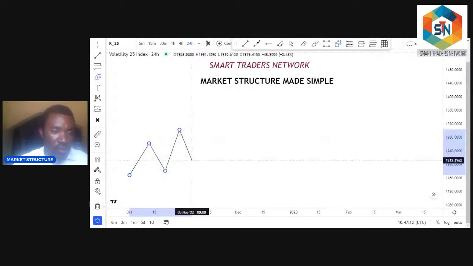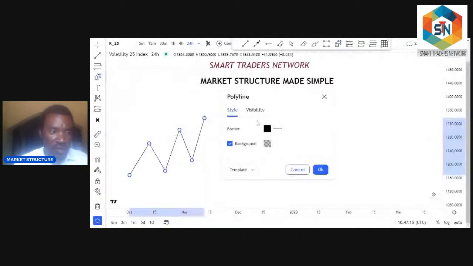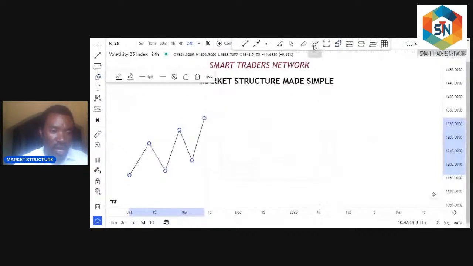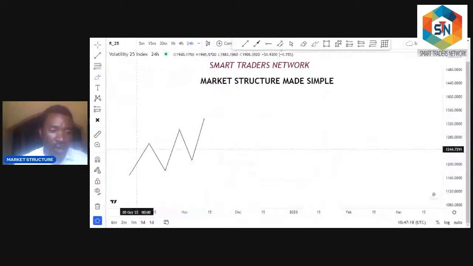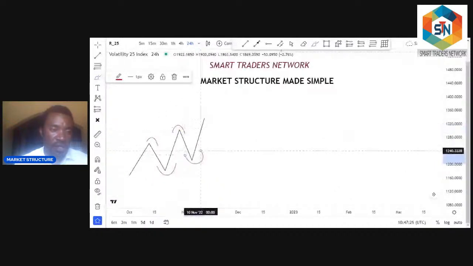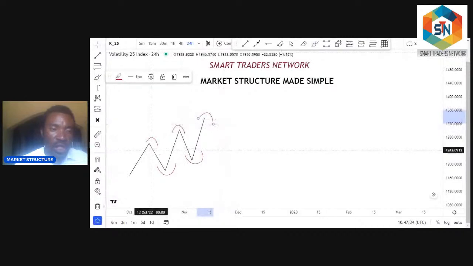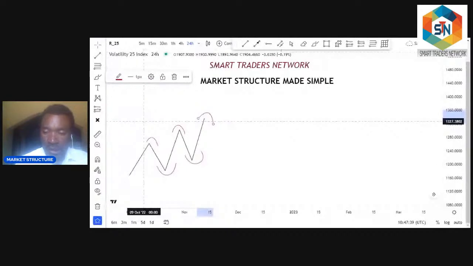So you're going to discover that price is giving you a high, a higher low, a higher high, and a higher low. Then price gives you a higher high. This is a bullish formation.